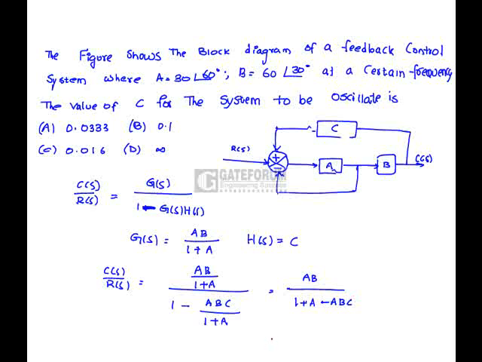So for the system to oscillate, 1 plus A minus ABC should be 0.